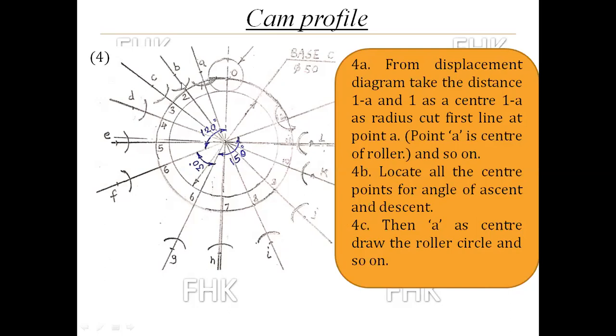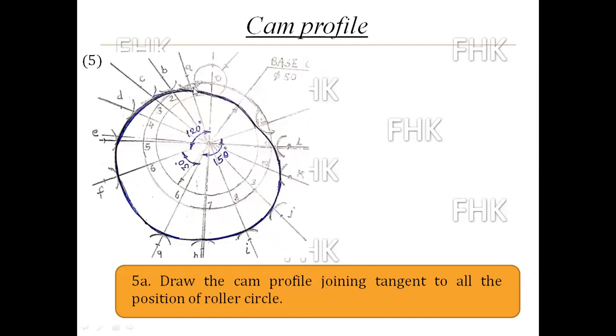And the next step is, through those roller diameters, draw the curve which is tangent to the roller. This is the roller diameter. Draw the tangent curve to the roller diameter. Don't draw the cam profile from points A, B, C, D. These are not the cam curve.